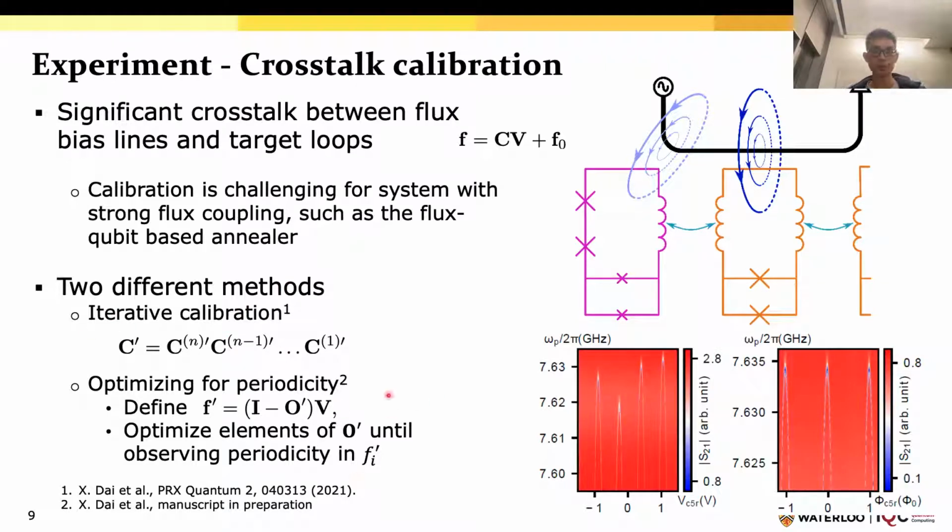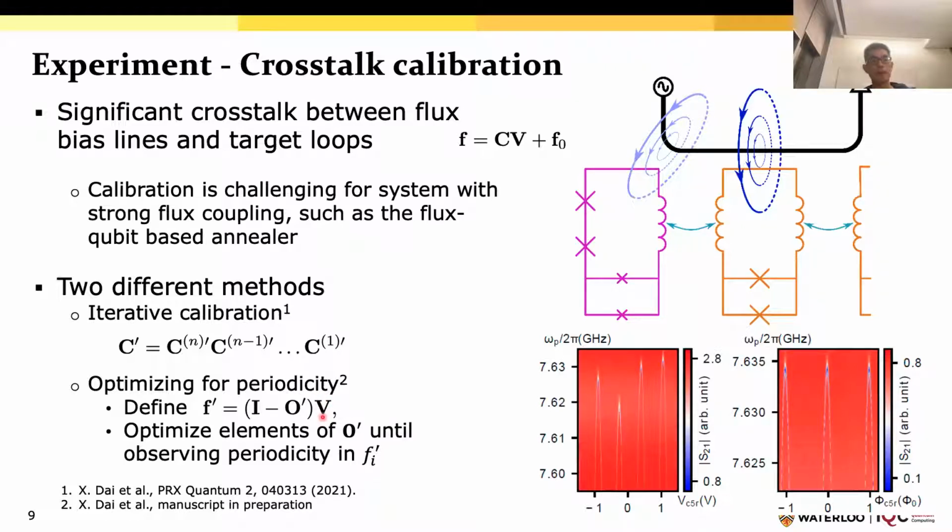Later on, we've also developed another method, which is based on optimizing for the periodicity of the superconducting flux loops, where the idea is that we can define a control coordinate in this form, where we have an identity matrix and a compensation matrix multiplied by the control voltages.